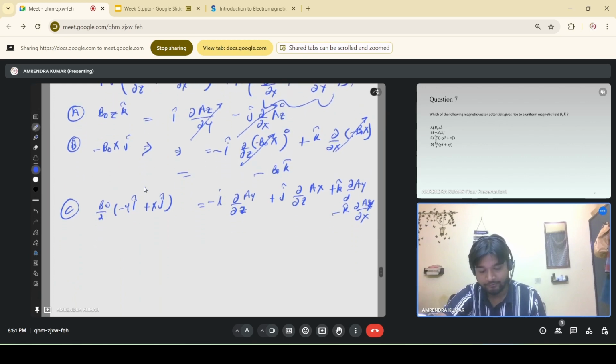So here we can write minus del AY over del Z. AY is x, so it will be 0. Then del AX over del Z, AX is minus y, so it will be 0.